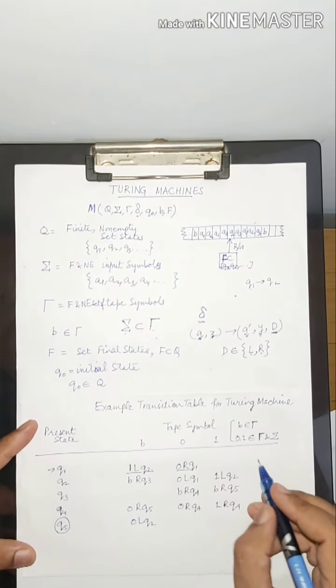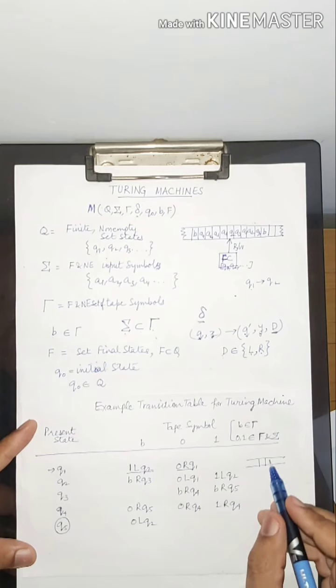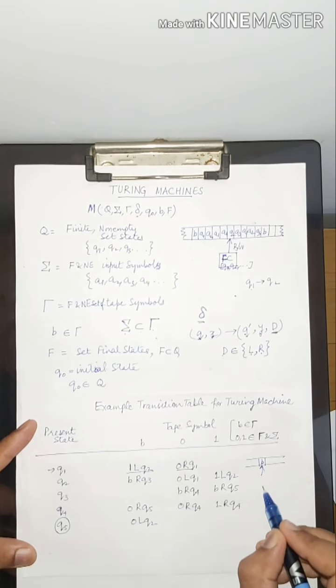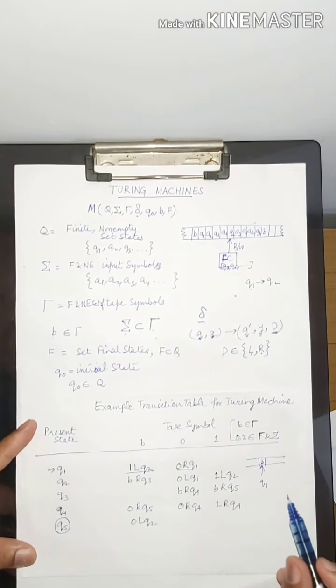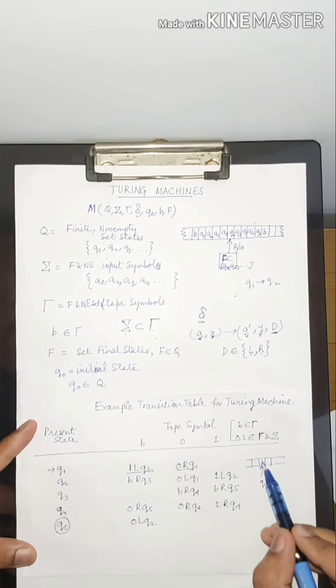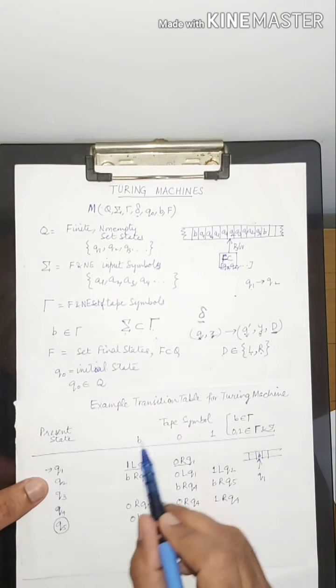Meaning if on the tape, suppose it finds B and the machine is in the Q1 state, so it will read this symbol, and the state is this, so the Q1 B combination.